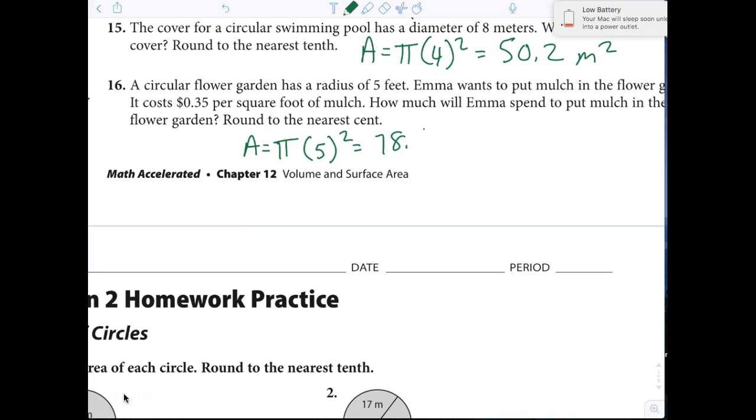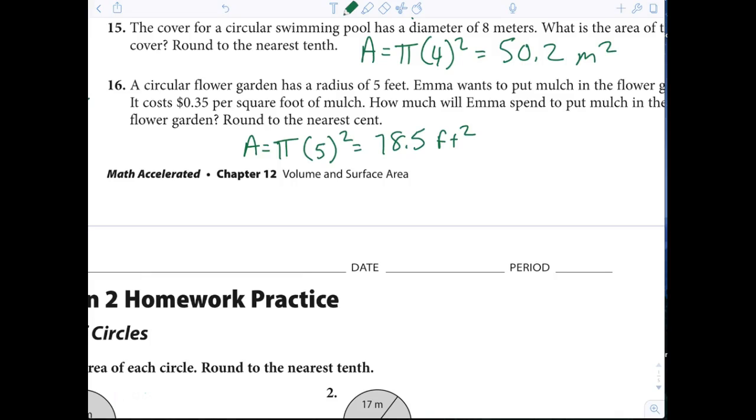About 78.5 square feet. Now, what does it cost to put mulch in the garden? If it costs 35 cents per foot, how many feet do I have?